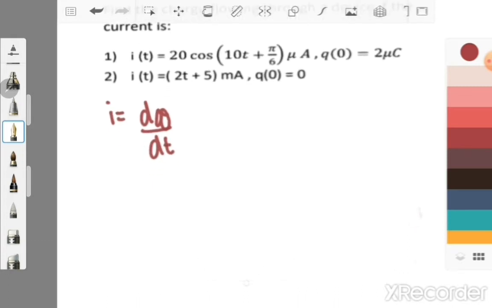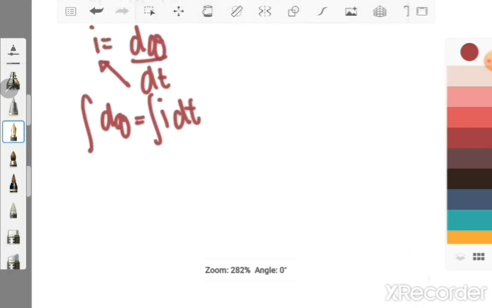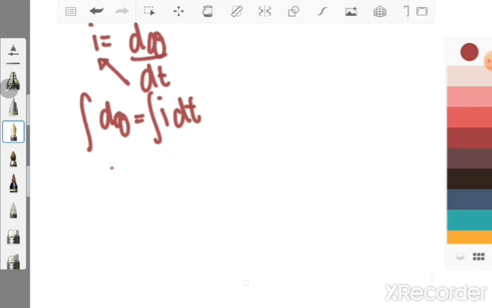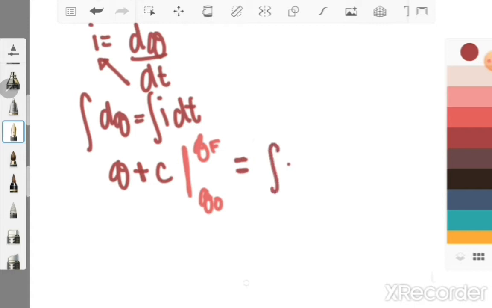And your dq is equal to I dt. So, getting the integral of both sides, we can say that the integral of dq is equal to q plus c with a limit of q sub 0 to qf, which is equal to the integral of I dt.